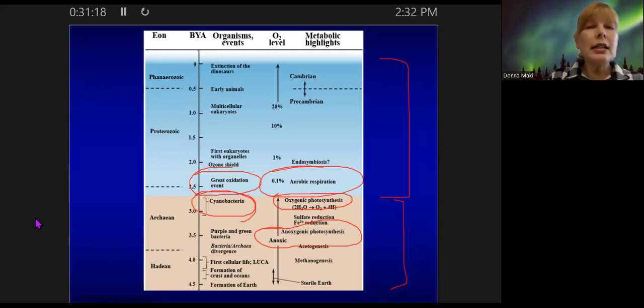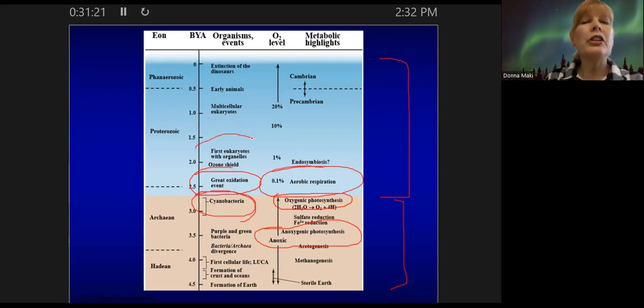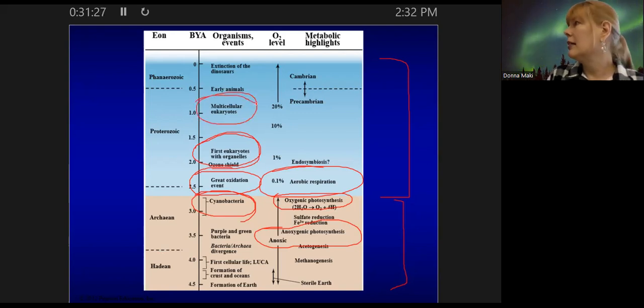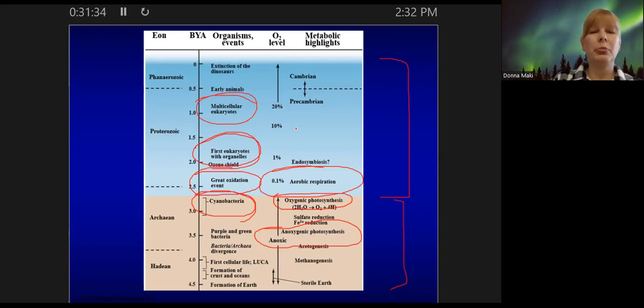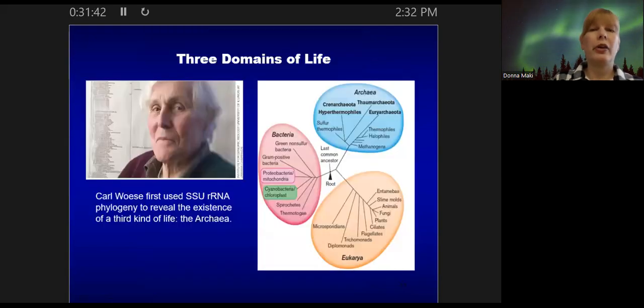So you can see, eventually the first eukaryotes with organelles arose, and then multicellular eukaryotes came out after that. Right, and then we're like, wait, we're a blip on this whole thing. We're just a blip. So microbes rule. They have been here 3.5 billion years and onward, and we have them to thank.